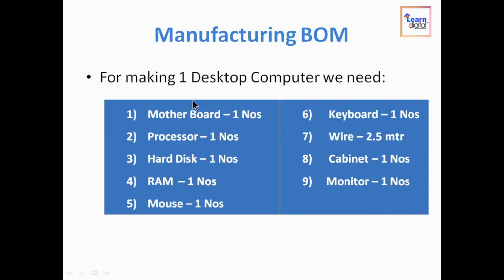So for us, desktop computer is our finished product, and the materials or the components used for making the finished product are our raw materials. So for this desktop computer, our BOM consists of all these raw materials. So this is known as a bill of material.